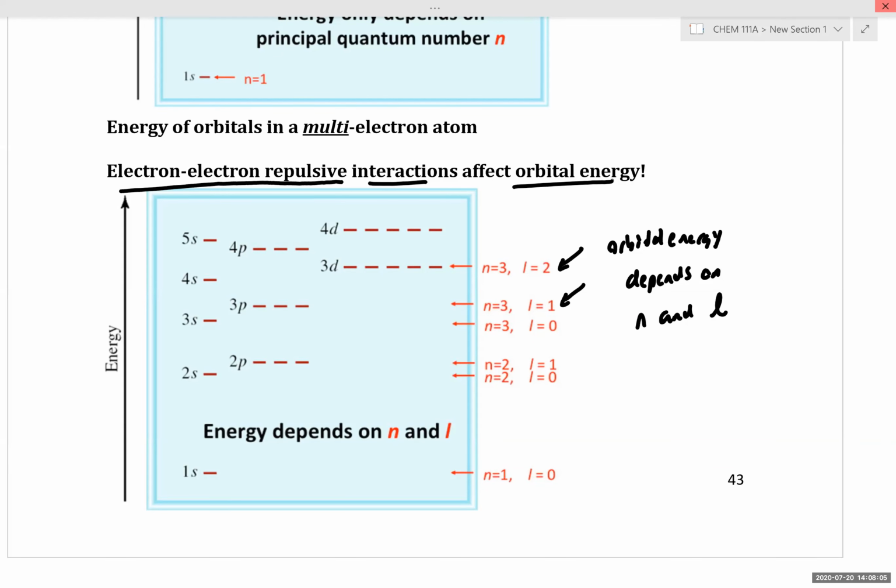So this is where we're going to leave off this chapter. Next session, we're going to delve into chapter 11, where we look at multi-electron atoms, writing out full electron configurations describing how the electrons are arranged.